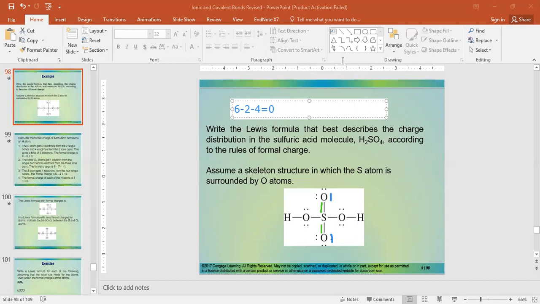Did it contribute all the 2 in this bond? Yes. And sulfur didn't bring? In the double bond formed, sulfur is not contributing any electrons. The electrons are only coming from oxygen. It is a dative bond. Is it okay now?